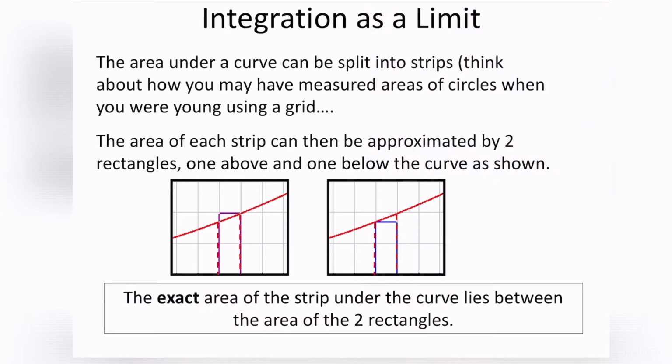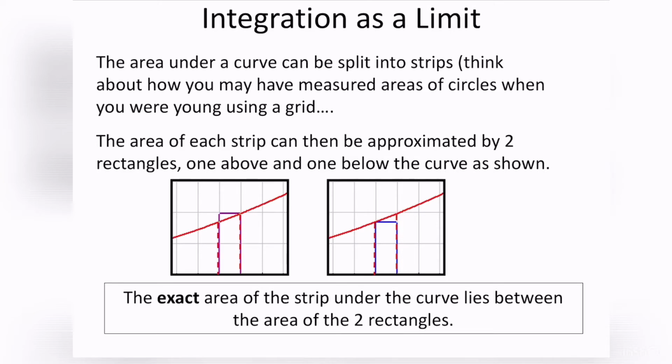The exact area of the strip under the curve lies between the areas of these two rectangles. Each strip can be above or below the curve, but the exact area lies between the areas of these two rectangles.